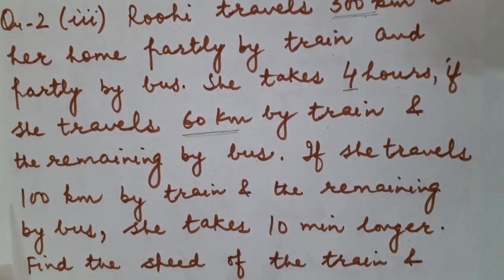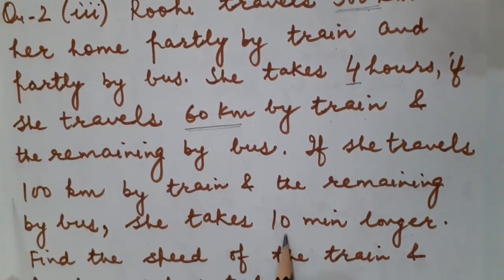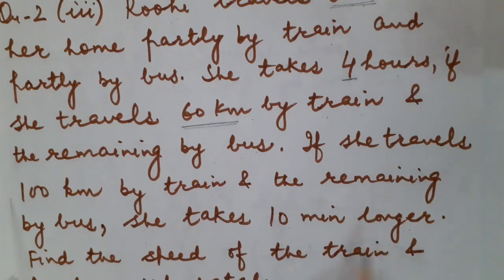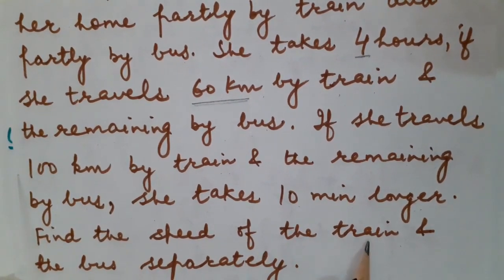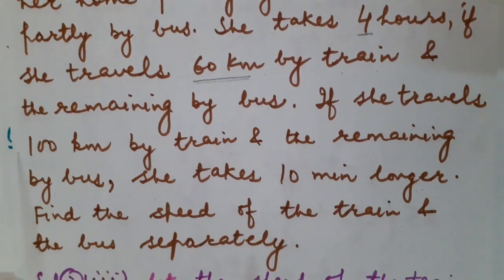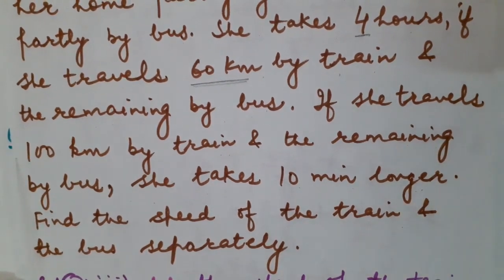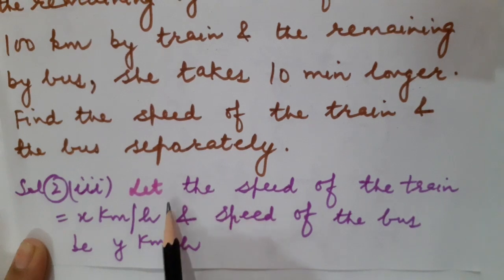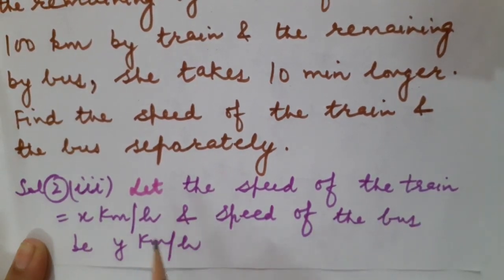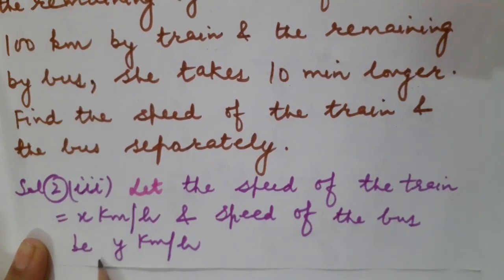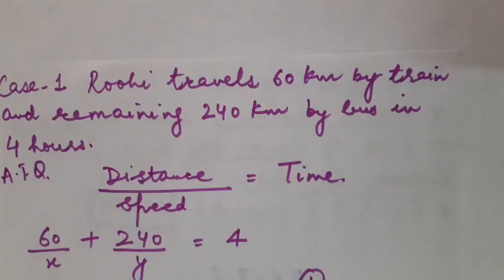Right, children? So she is going to take 10 minutes more than the previous timings. Find the speed of the train and the bus separately. Understood? So let us assume that the speed of the train is x km per hour and the speed of the bus is y km per hour.